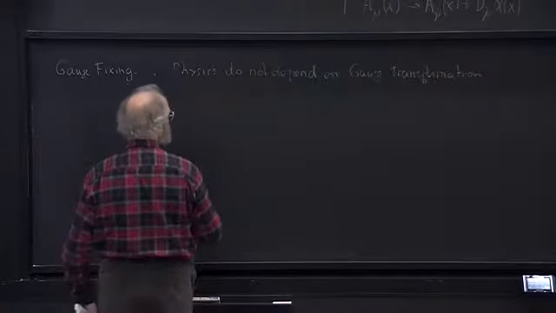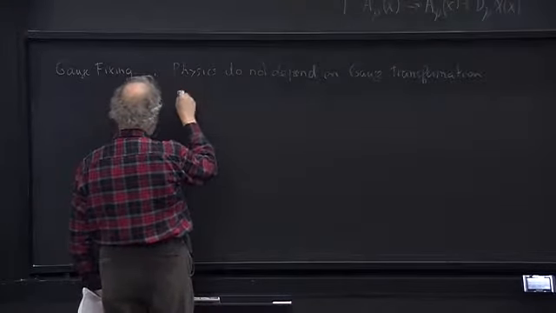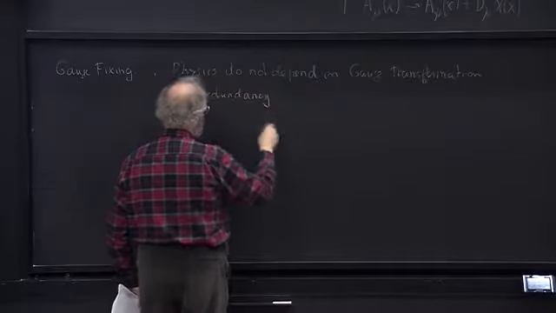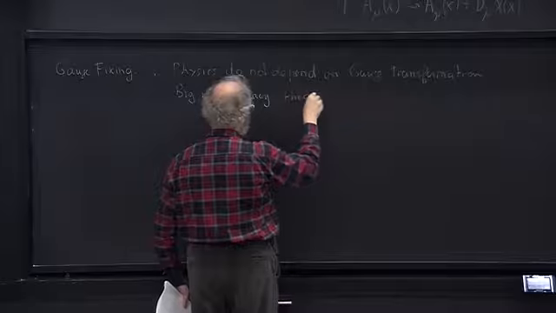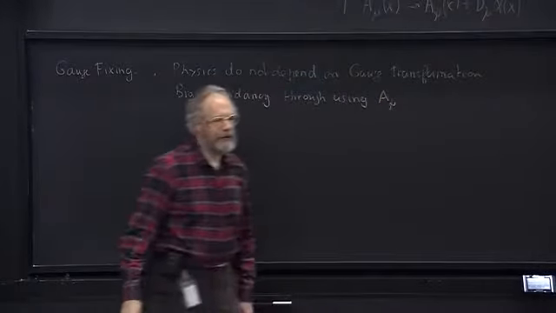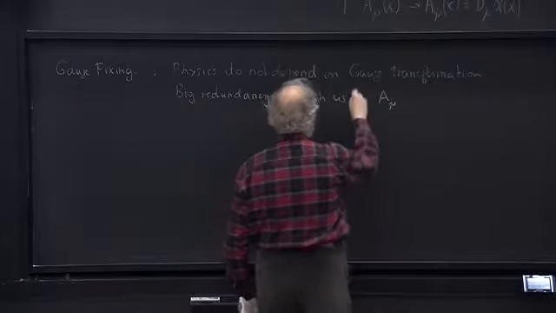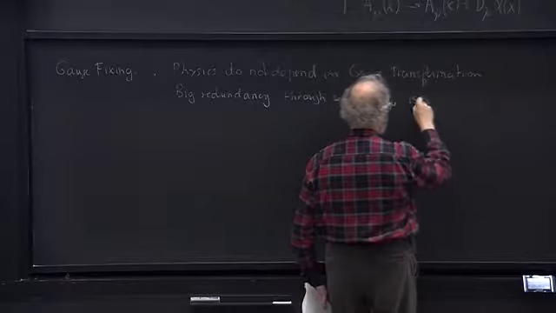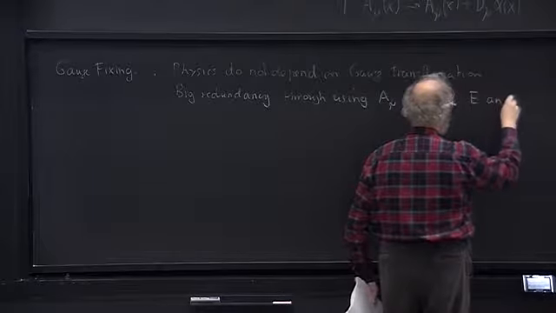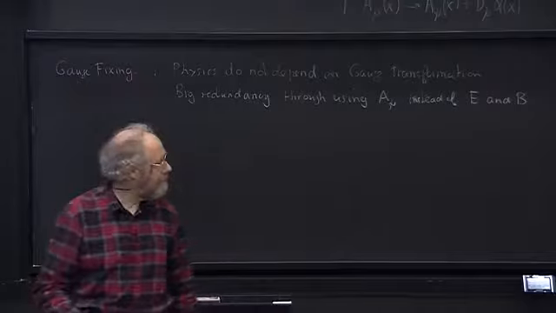But a lot of gauge transformations simply means that we have a huge, big redundancy through using a vector potential instead of E and B, electric and magnetic fields.